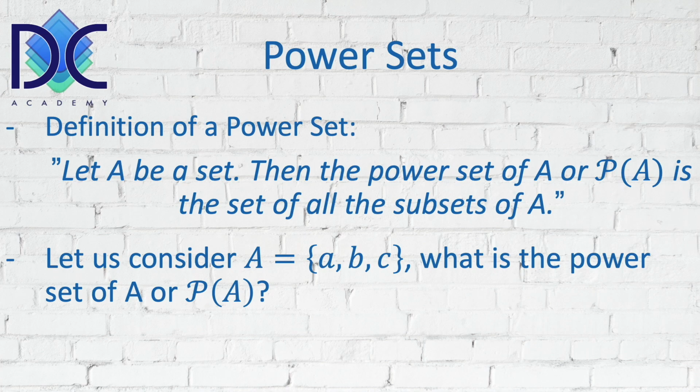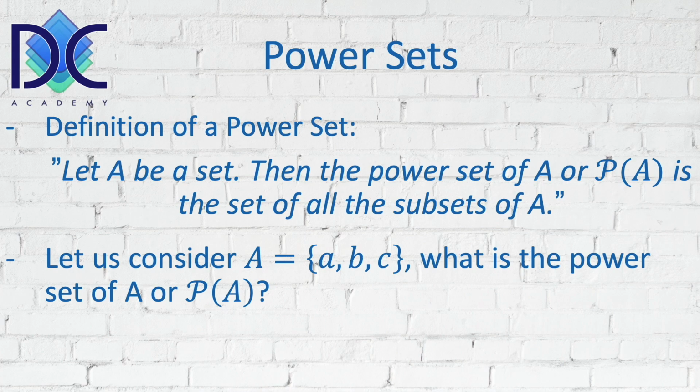We have a set A, and the set A is composed of three elements, a, b, and c. Now we have to find the power set of A. Now, what are the subsets? First of all, we have the empty set. We have the set containing only a, the set containing b, and the set containing c.